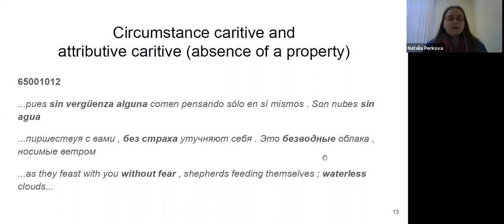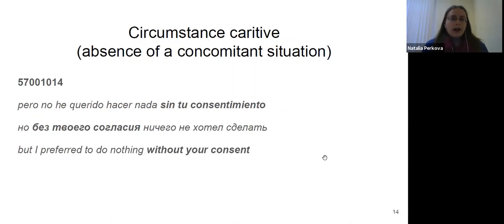Or also interestingly, attributive Caritives in Spanish are expressed also by this separate marker. And this is, again, a circumstance Caritive, but already with the absence of a concomitant situation. Here it's interesting because the subjects of these situations are non-referential.